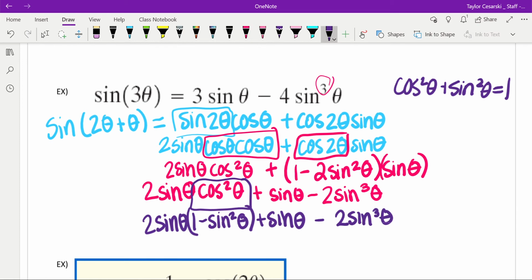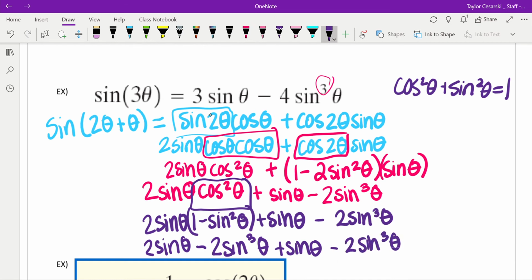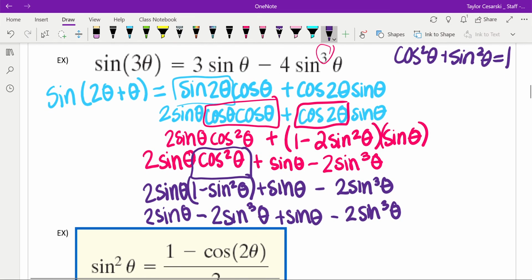All right, so now I'm going to simplify this. So 2 sine of theta times 1 is just 2 sine of theta minus 2 sine cubed of theta plus sine of theta minus 2 sine cubed of theta. All right, so last step, we're just going to simplify.